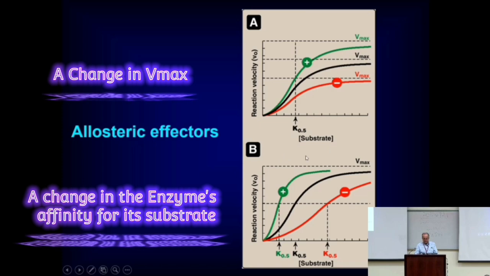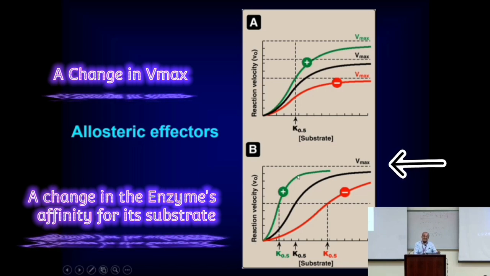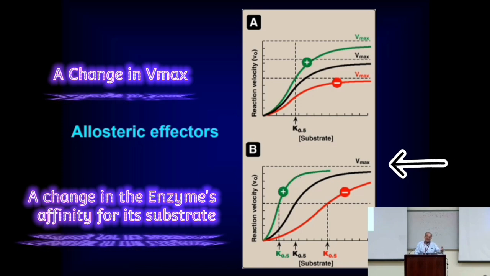The bottom graph shows you here's the normal allosteric enzyme. If you add a positive effector, note how it shifts the curve to the left. What that tells you is the enzyme needs less substrate to start catalyzing that substrate.